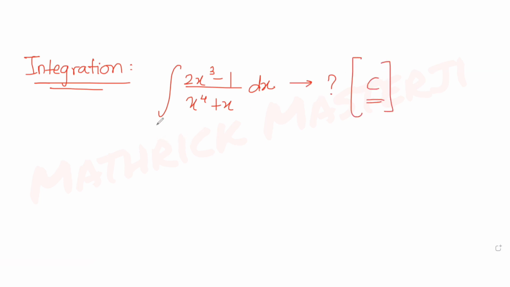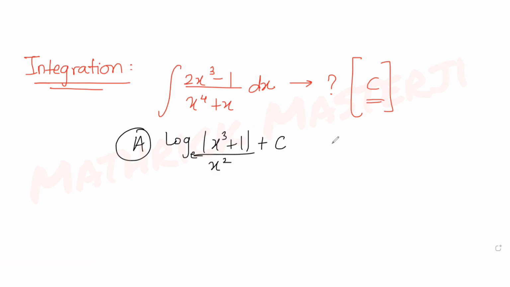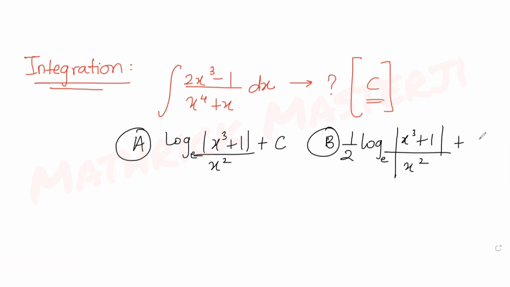If I talk about the answer choices given to us, the first says log of mod of (x cube plus 1) upon x square to the base e plus c. The second option is half of log of mod of (x cube plus 1) upon x square to the base e plus c.